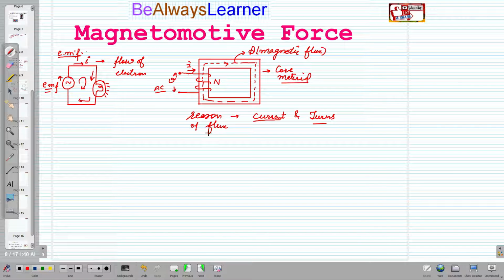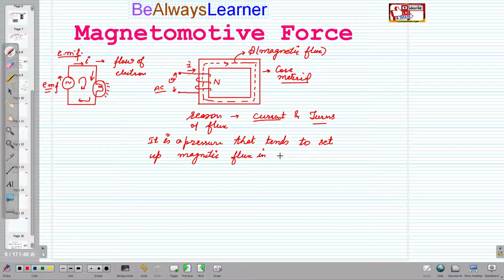So the definition of magnetomotive force, that is MMF, is, we can define that it is a pressure that tends to set up magnetic flux in a magnetic circuit.